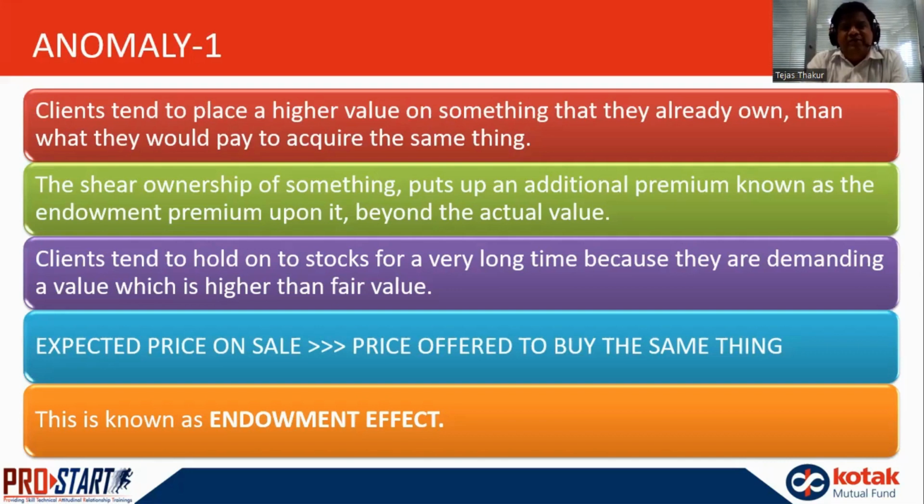So whenever you see that a particular thing is not getting sold, try and check whether the person trying to sell it is selling it at the same market price or not. If there's a spread, then understand that spread is your endowment premium. You need to convince the client to remove that and then everything will get sorted.